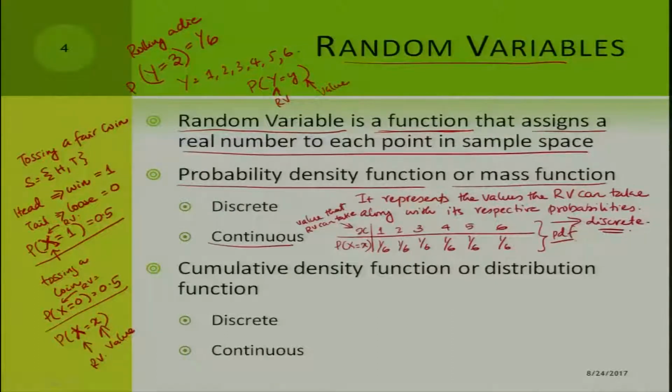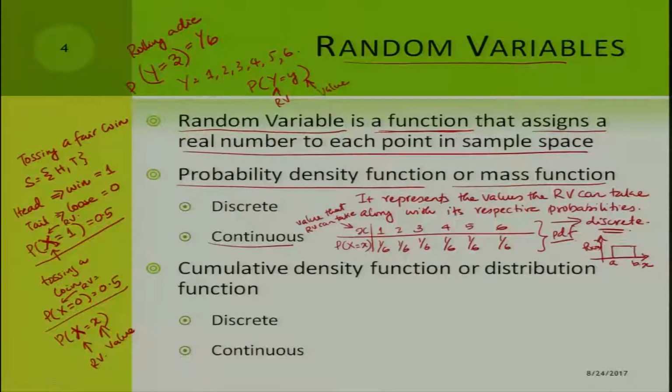There can also be a continuous process in which the value of the random variable can change continuously. A classic example of this would be a scenario where here is your numerical value x, and here is the probability x equal to little x, and the random variable can take any value between a and b.